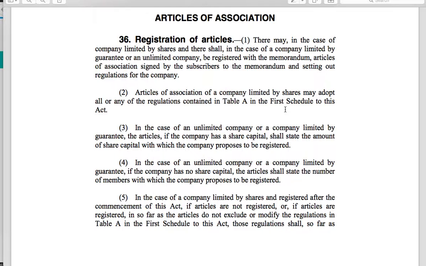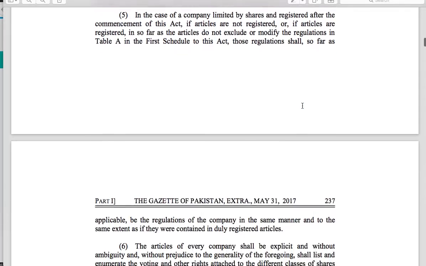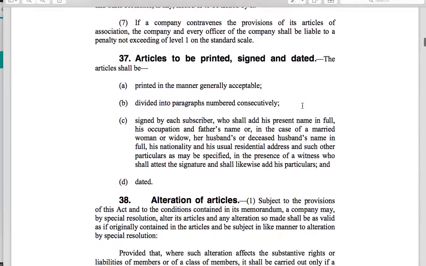Otherwise, while incorporating your company online in Pakistan on the SECP portal, you just have to mention that you'll be following Table A, First Schedule, articles of association, and then your articles of association will look exactly like what is given here in the First Schedule, and obviously other information about this.